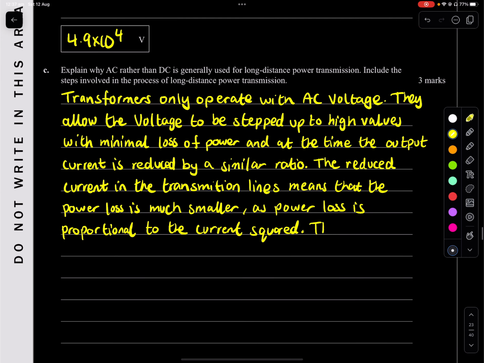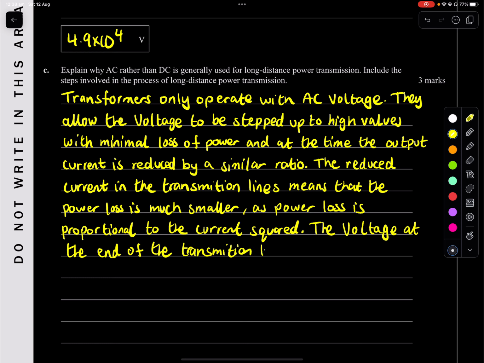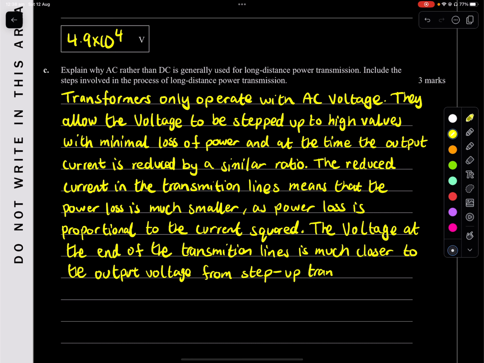What else can we say? That the voltage at the end of the transmission lines is much closer to the output voltage from the step-up transformer.